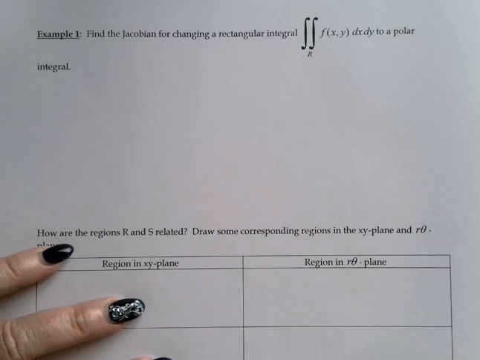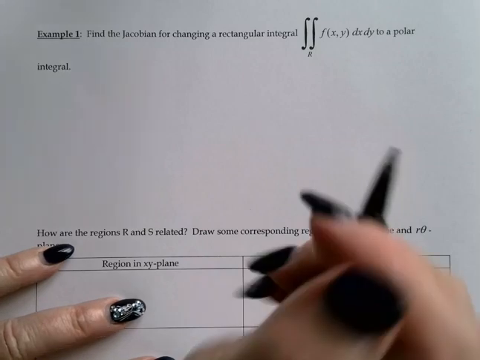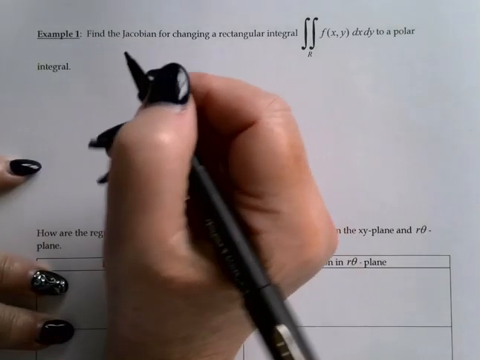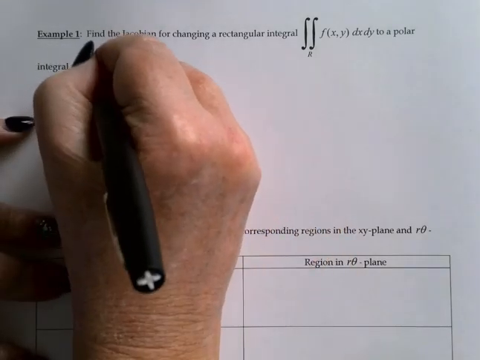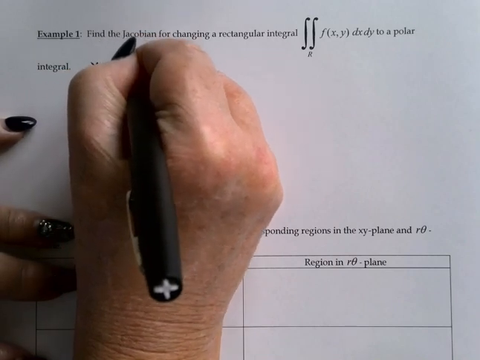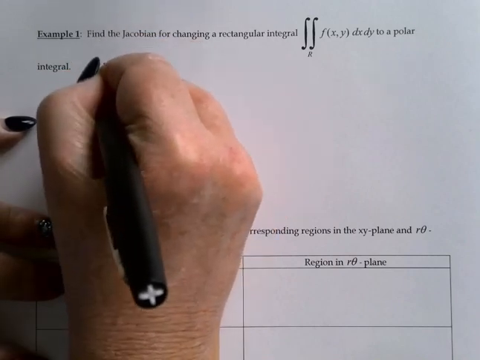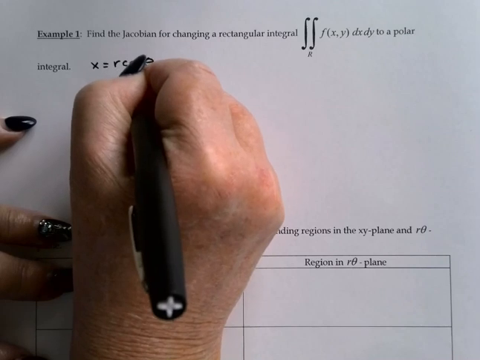We saw where that r came from geometrically, but I'd now like to look at where r comes from, thinking about it as a substitution. So here we go. We know that our transformation equations are x equals r cosine theta and y equals r sine theta.